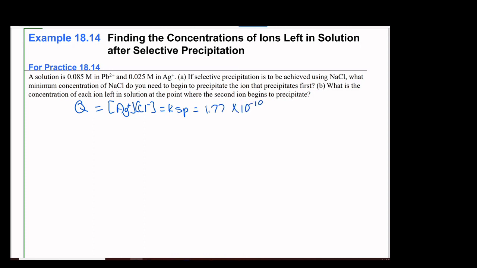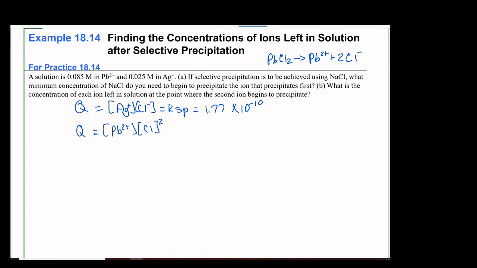Okay. Now, the next ion was the lead, and we need to consider the Q, where it equals the KSP for lead chloride. And lead chloride is PbCl2. So when it dissociates, it's going to form lead 2+ plus 2 Cl-.